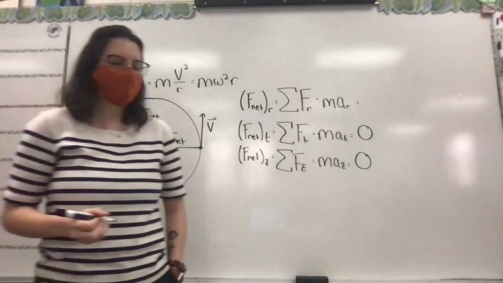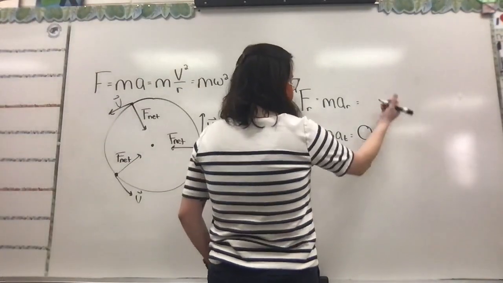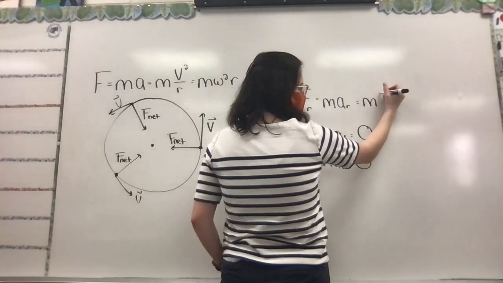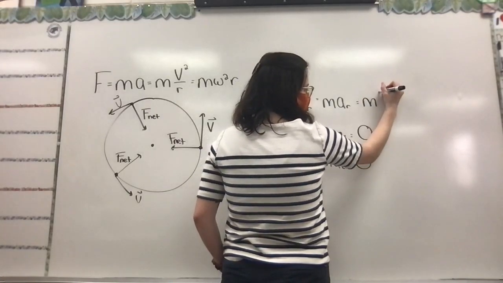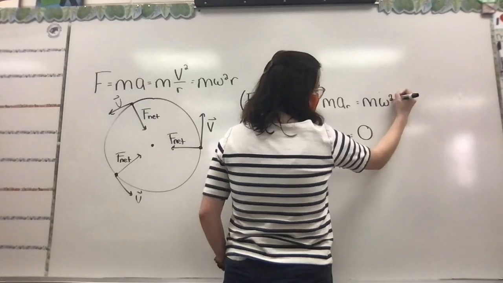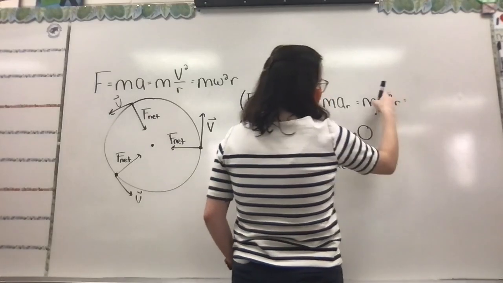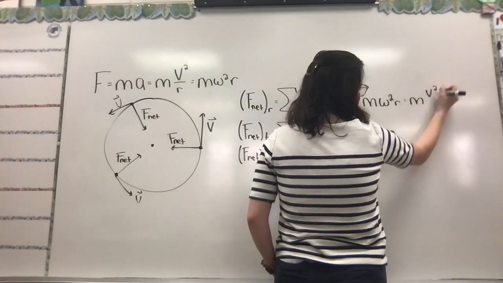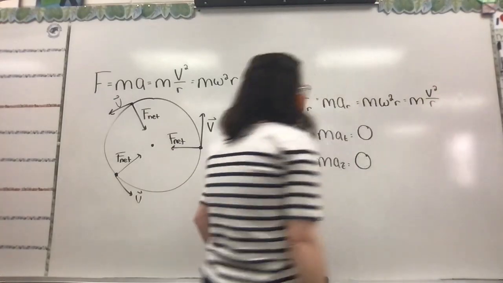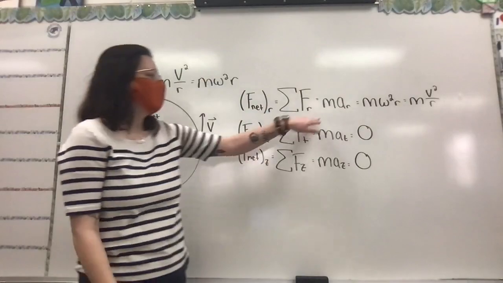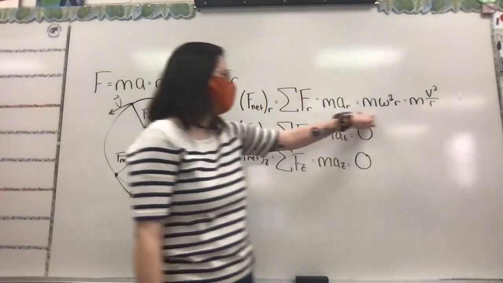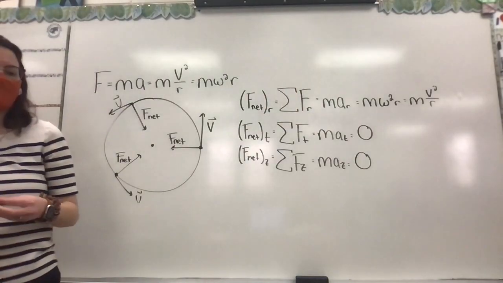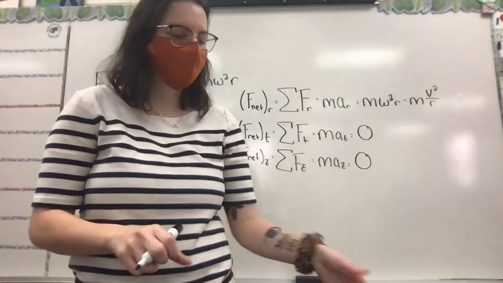What's that going to be? M times what? M times omega squared r. Also, how else can we write it? M times v squared over r, or just M a_R. Yep. So all three of these forms are basically acceptable, as long as you make sure you have that subscript with the A. Still so far so good?